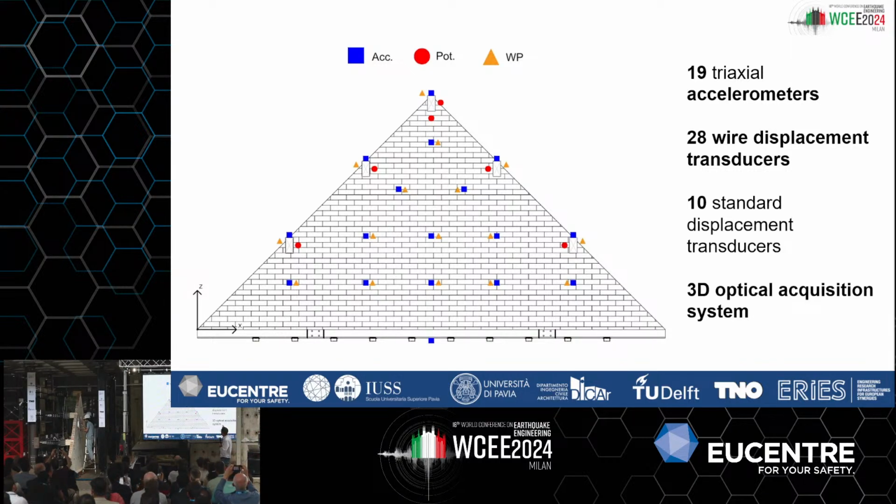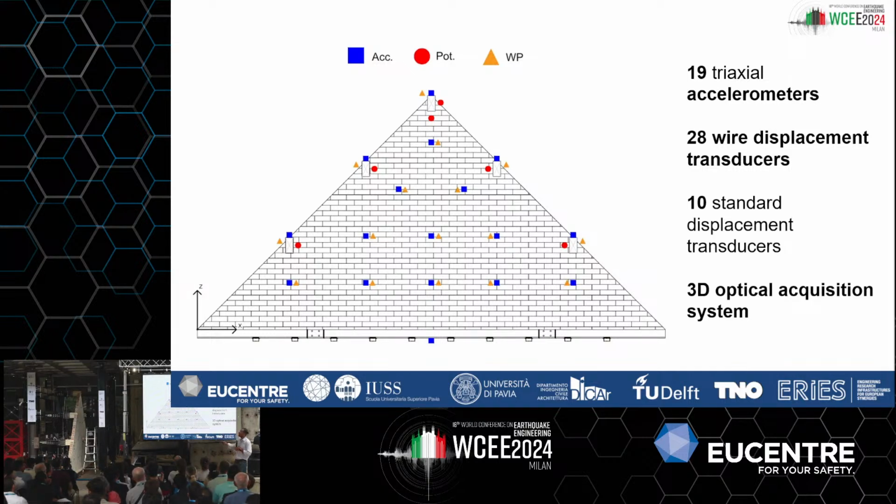We are using 28 wire displacement transducers. You will see later on when you pass by, there are these gray boxes with the wire, and 10 standard displacement transducers. On top of it, we are also using an optical acquisition system, a three-dimensional optical acquisition system.